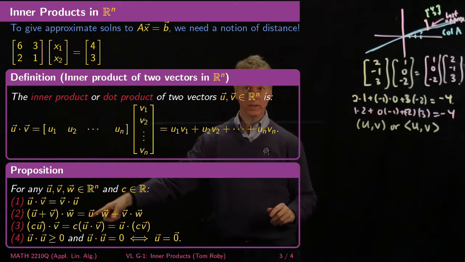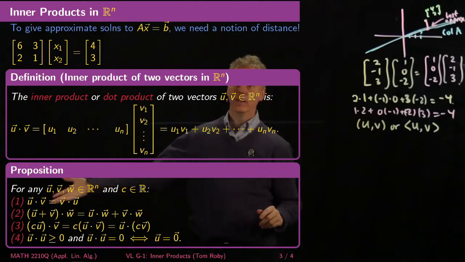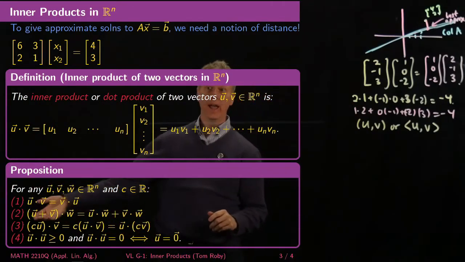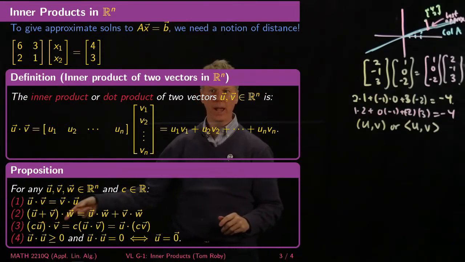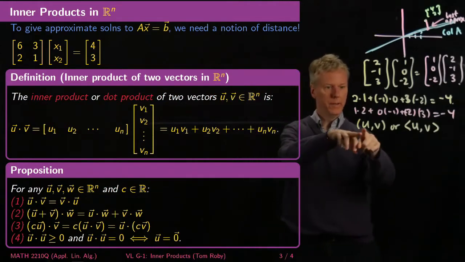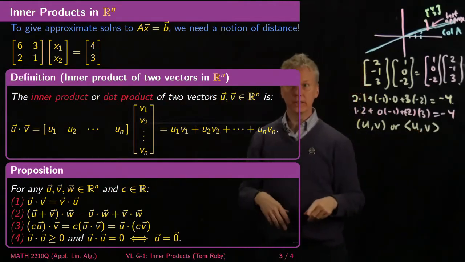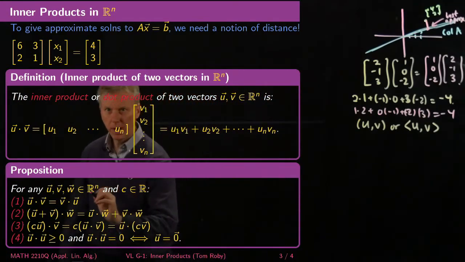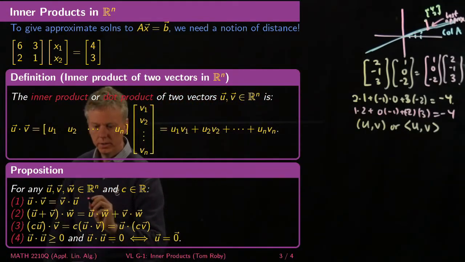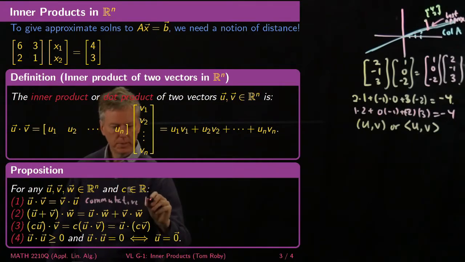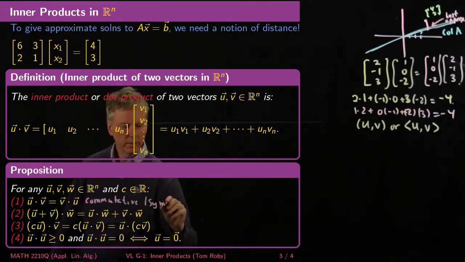And now for this one, well, it looks like the distributive property, right? And that's really what it is. And this is saying that scalars pass through this inner product in the natural way. These properties together, especially if you think about it in this way, get to be called bilinearity. So this property here is called commutative, or sometimes symmetric.